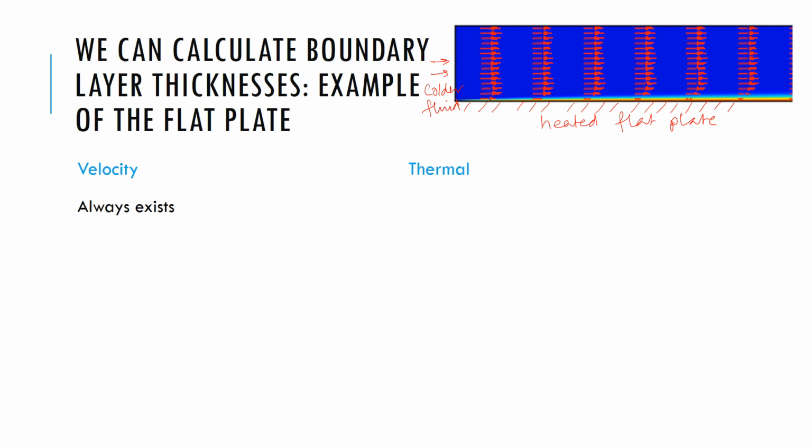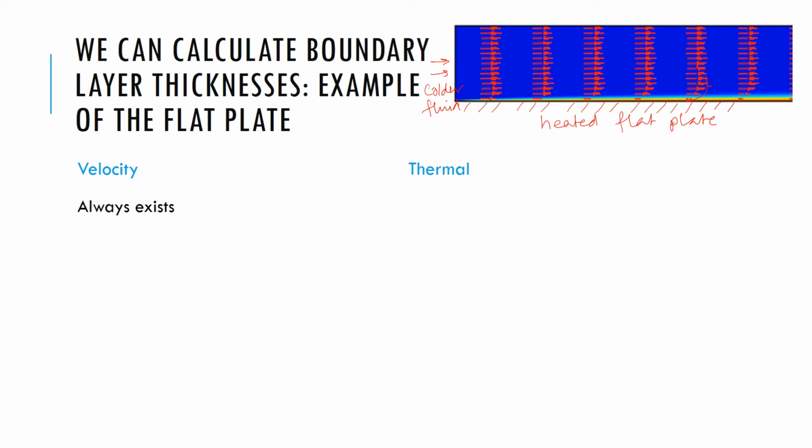So as you can see, if I plot how the velocity goes from 0 on the solid surface to the maximum value, of course the velocity keeps changing. It doesn't suddenly go to the maximum value.